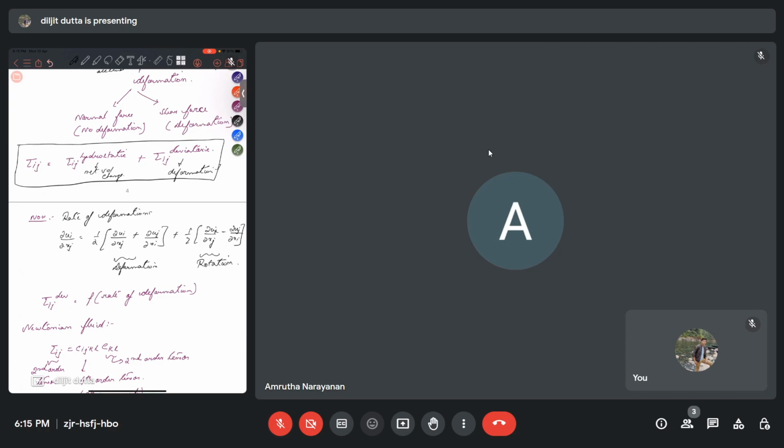We have broken this del u_i by del x_j into two parts by adding and subtracting del u_j by del x_i, and we got two components: half of del u_i by del x_j plus del u_j by del x_i, plus half of del u_i by del x_j minus del u_j by del x_i. The first part will contribute to deformation. It is called the rate of deformation tensor.